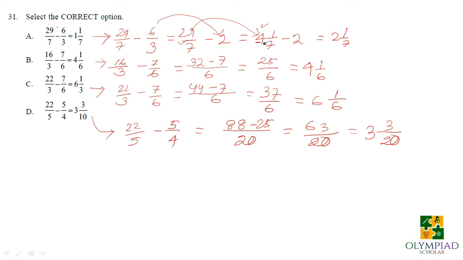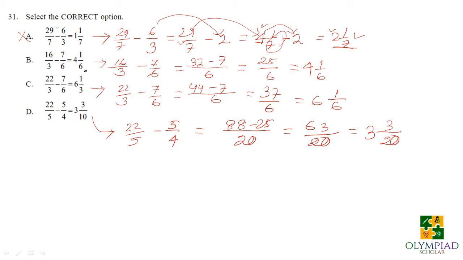It is a sum of a fraction, 1 upon 7, and a whole number 4. You can easily subtract 2 from 4, which will be 2, and the fraction remains unchanged. So the answer will be 2 1 by 7. The right hand side is 1 1 by 7, so it cannot be our answer.